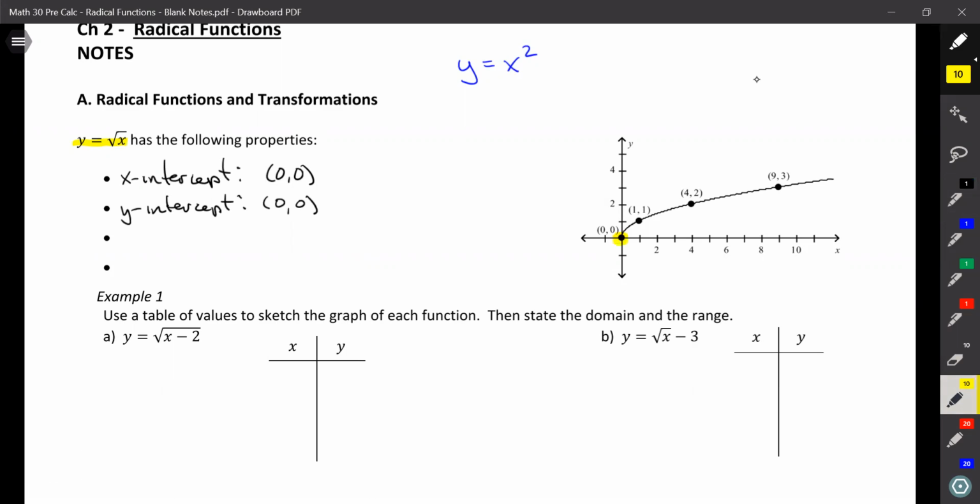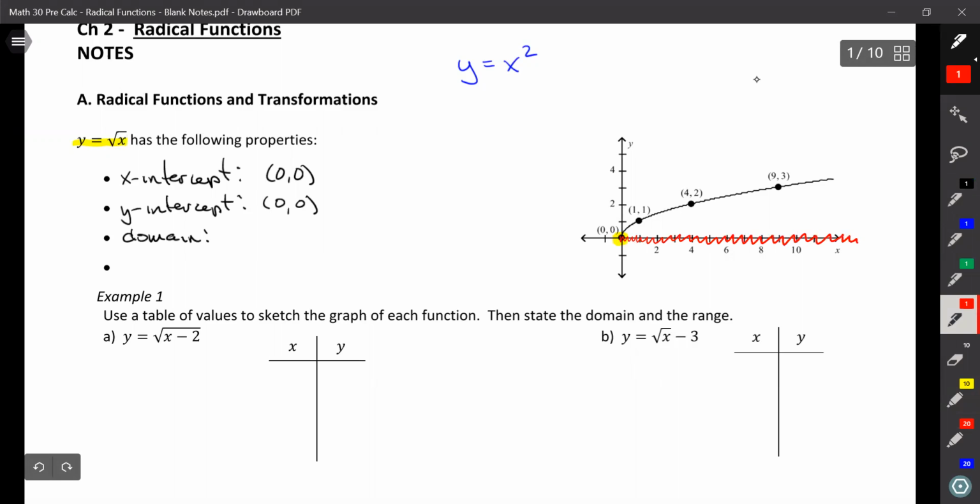Now, let's take a look at the domain and range. We'll first start with the domain. The domain of this graph shows us that it starts at 0 and the graph goes right. There are no x values to the left of 0.